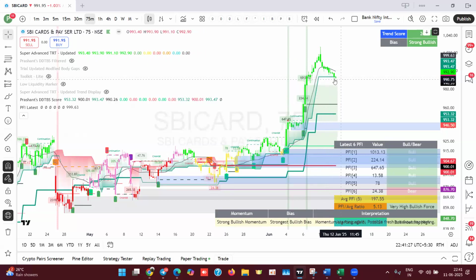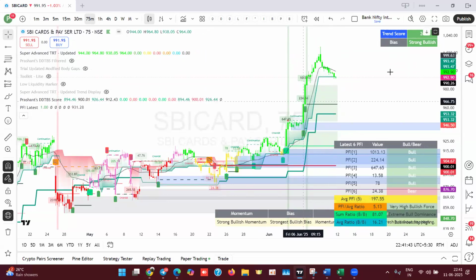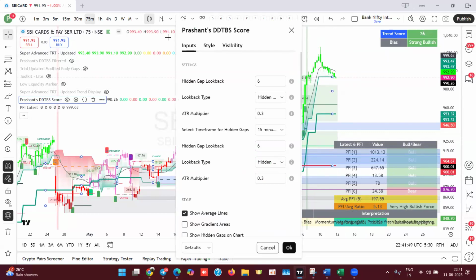If it closes below this, you can exit and book partial profits, not full profits. This is for a tighter stop loss when we are in strong momentum and want to book profits, because after this it can go into sideways price action and you don't want to waste time. You can do partial profit booking also.